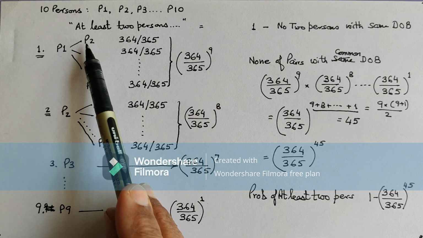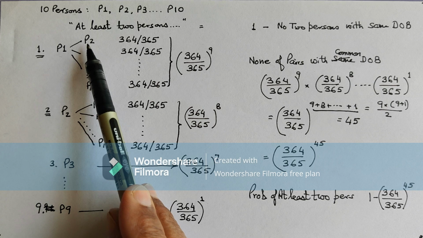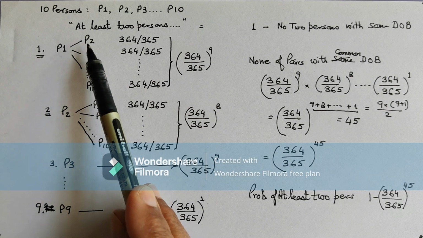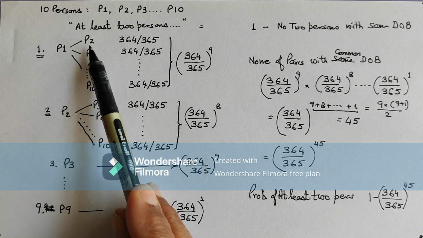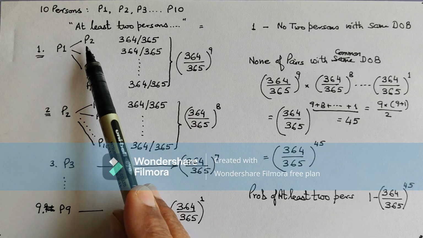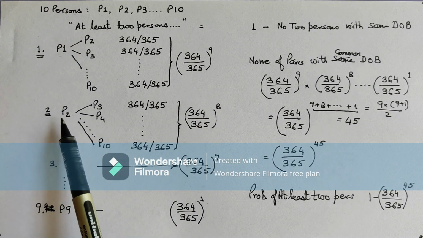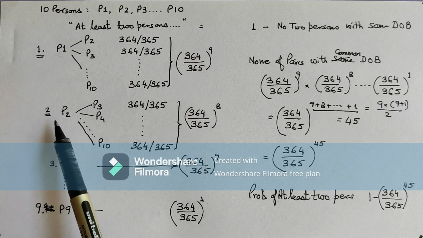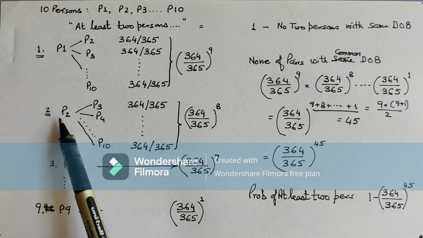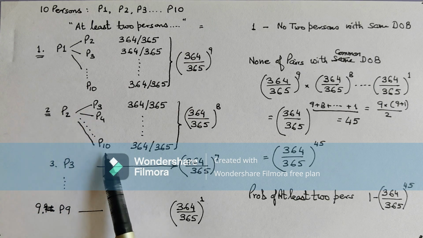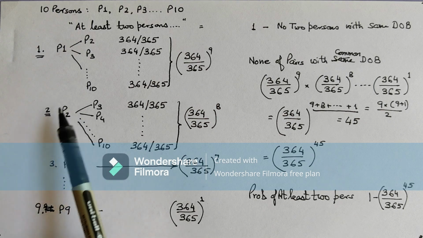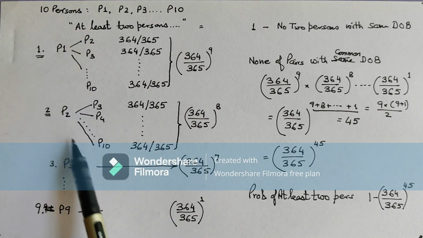So this guy P2 has his date of birth on any one of the remaining 364 days, not one of the 365 days. Same applies to P3, P4, P5 and P10 also. None of them. P2 to P10, all these persons.